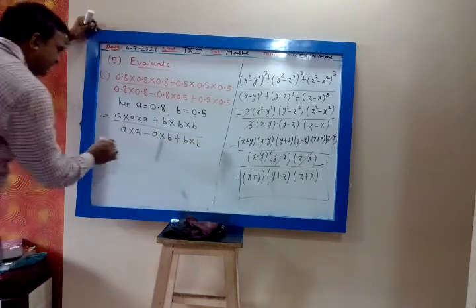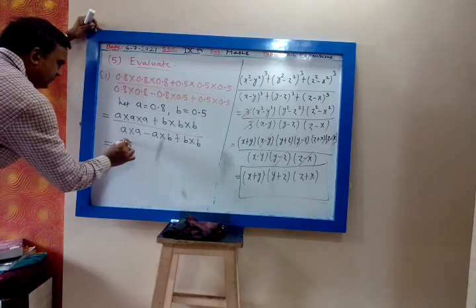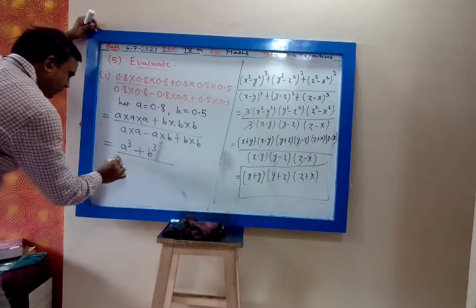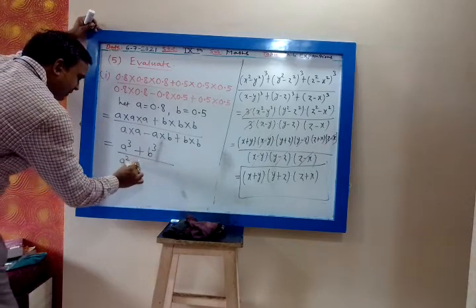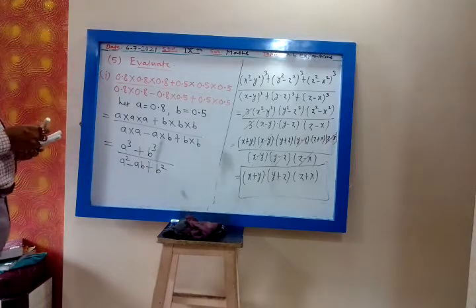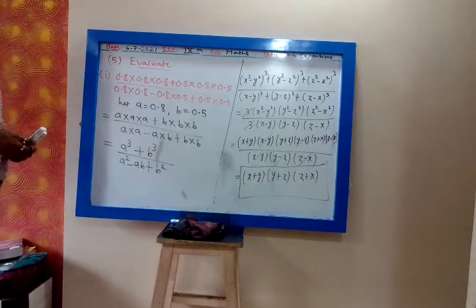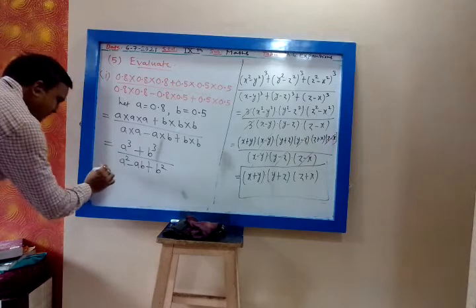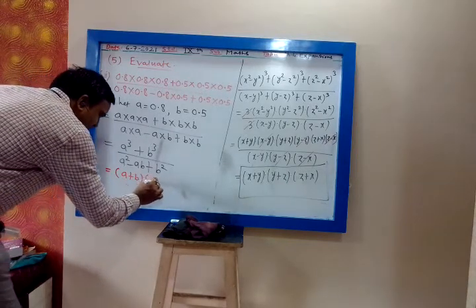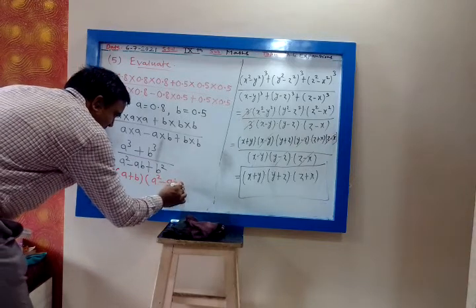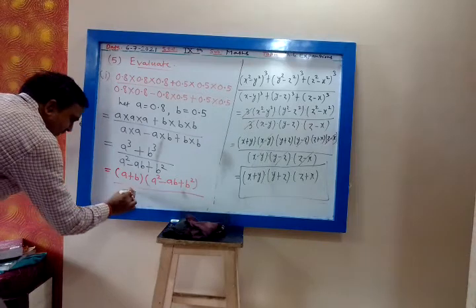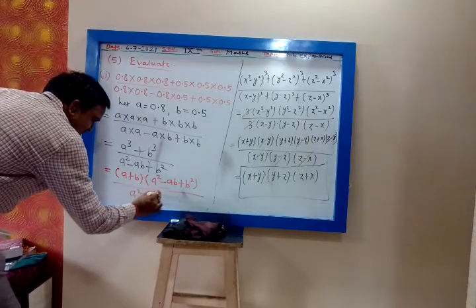Let us simplify this. a cube plus b cube upon a square minus ab plus b square. Correct? Now I have given you the formula for a cube plus b cube. What is the formula? (a plus b) into (a square minus ab plus b square). This is my numerator. Denominator is a square minus ab plus b square.